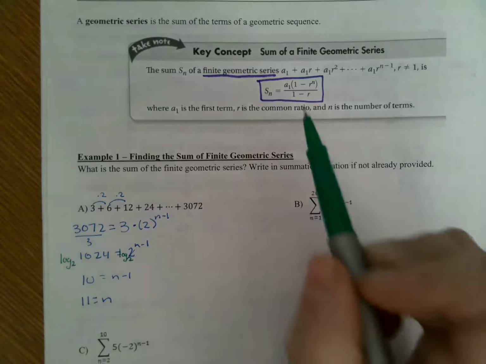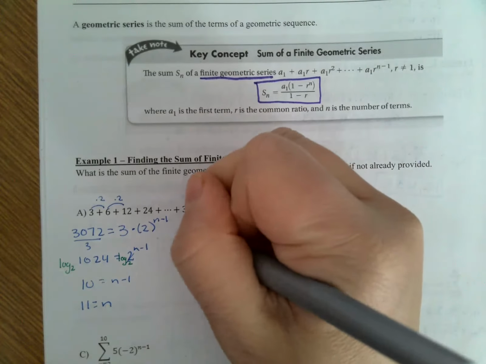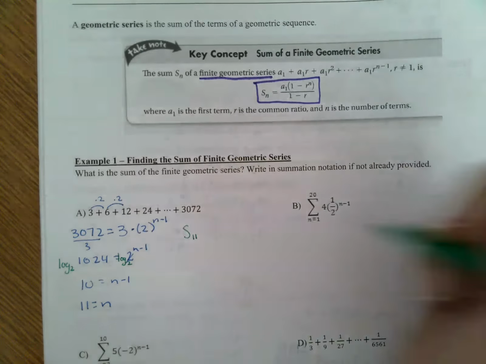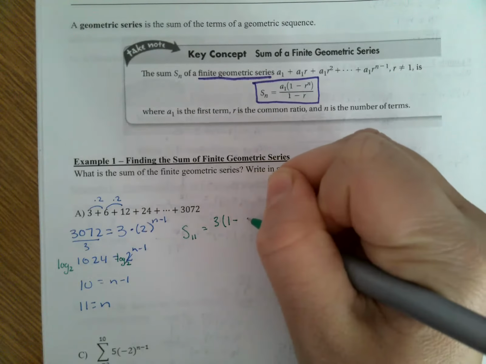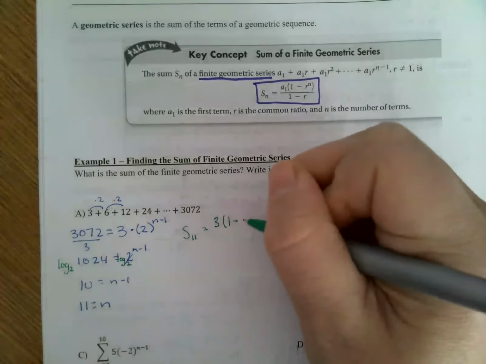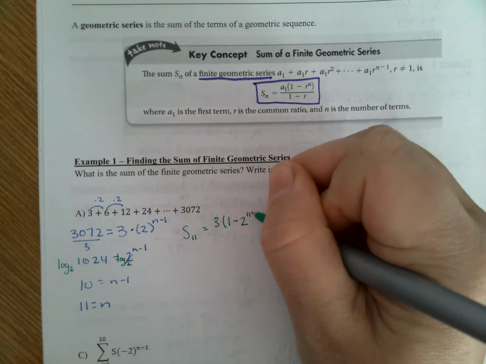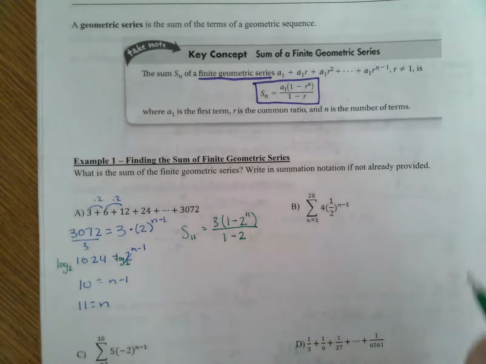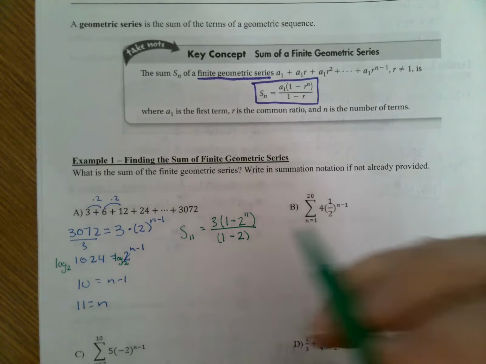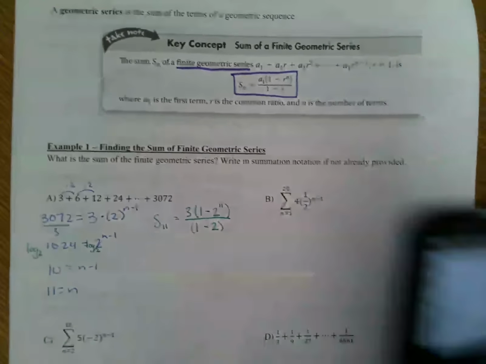So now I can use this equation right here. I'm looking for the sum of my first 11 terms. My first term is 3, times 1 minus my ratio, 2, raised to the 11th power, divided by 1 minus 2. When you do this in your calculator, if you don't use the fraction key, you have to put that in parentheses.